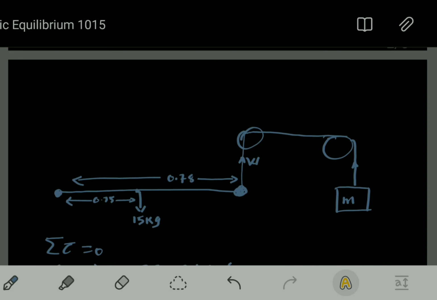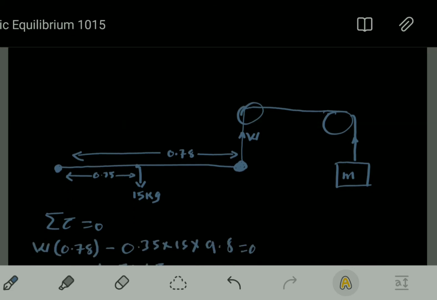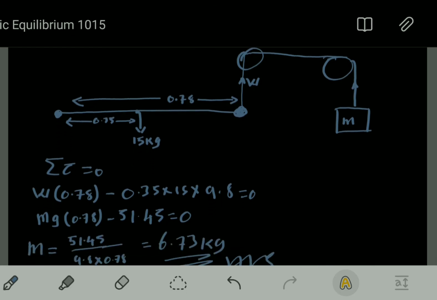For question 7, unfortunately I couldn't paste the question here, but the solution is here. For this question, we have the mass of the leg as well as the cast being 15 kgs. We also have the hip joint at this point. The 15 kgs is at the center of gravity for this particular system.